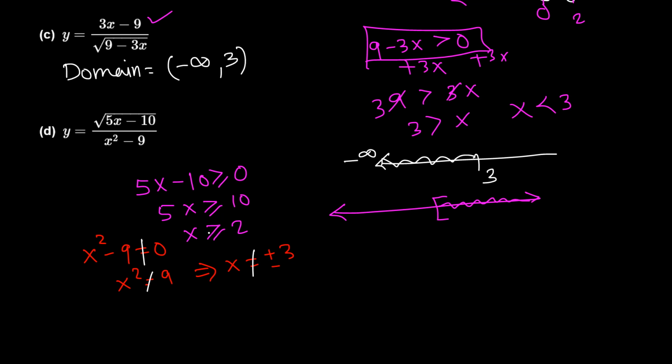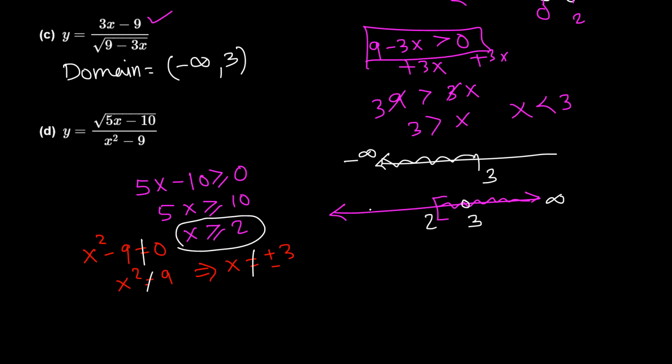So we have x bigger than or equal to 2, and x cannot be negative 3, which is outside, so it's already excluded. But we need to exclude 3 as well. From the top we needed x bigger than or equal to 2. From the bottom we need x not equal to positive 3 and negative 3.